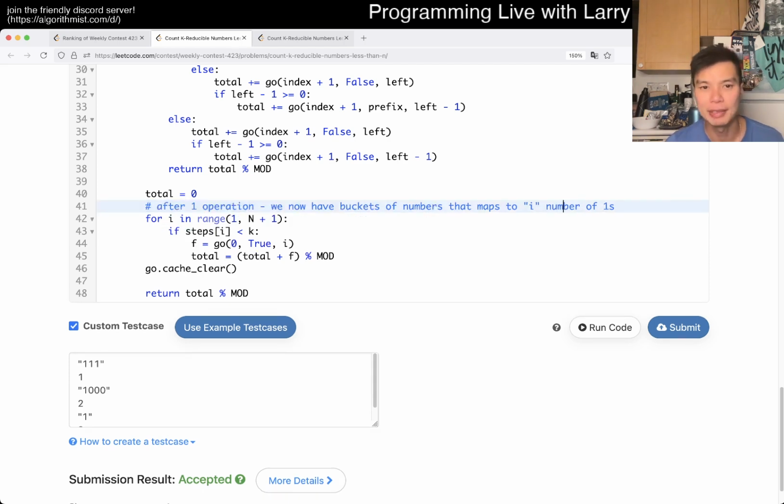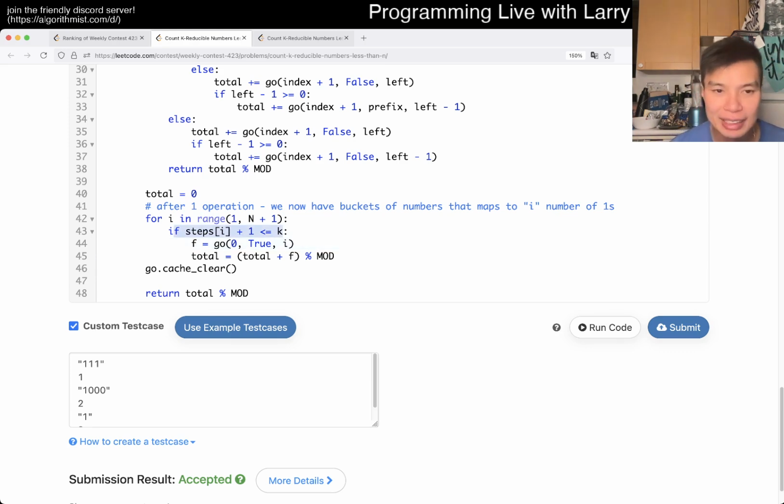Number of ones, right? So here we go. The way that you can really think about it is that if you want to keep it at most k, then it's steps plus 1, because steps of i is going to be steps, but one of the steps is going from the initial input to i itself.